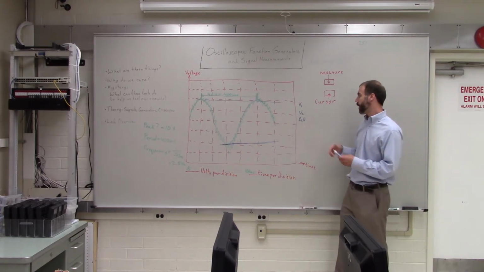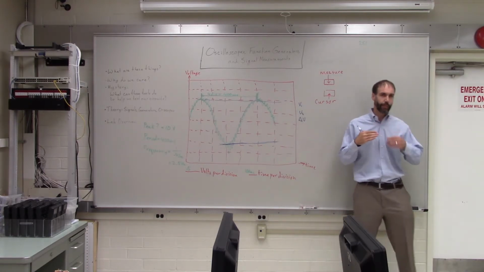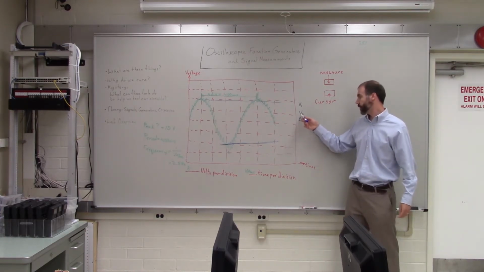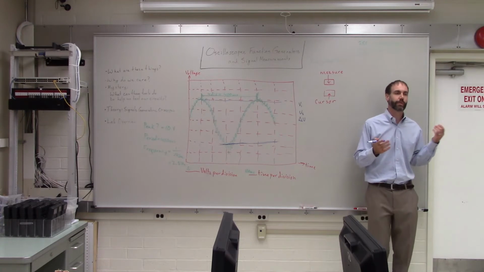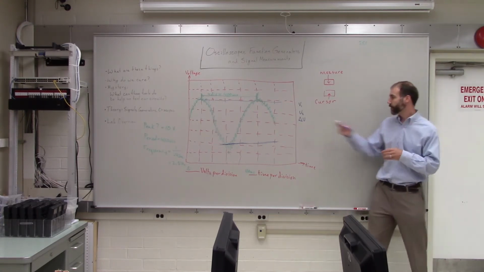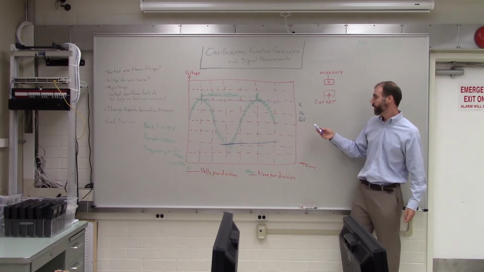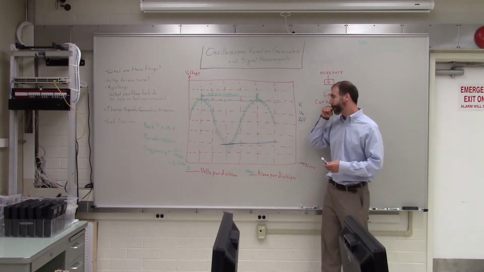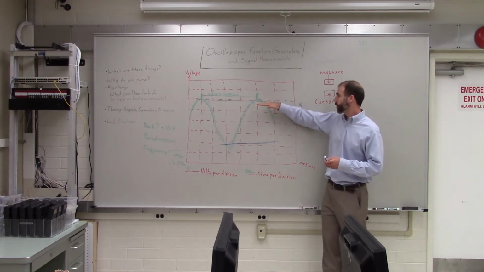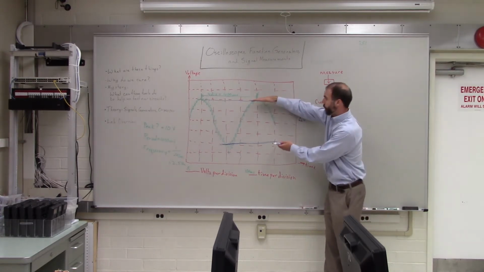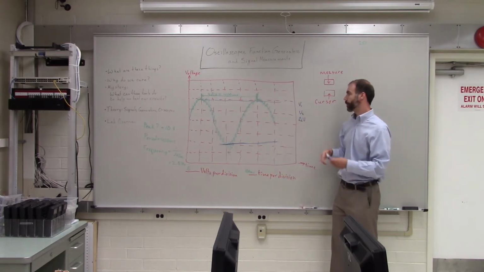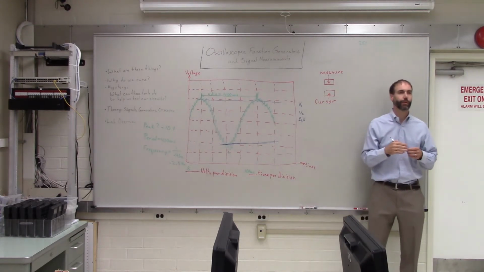And then delta V is the difference between the two. So this little triangle is the Greek letter delta, and whenever you see that, it most often means difference. So delta V is the difference in the voltage between these two cursors. So you can set the top cursor where you want and the bottom where you want, and then it'll give you a measurement of exactly how much voltage is between those two.